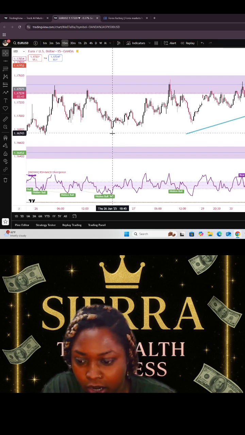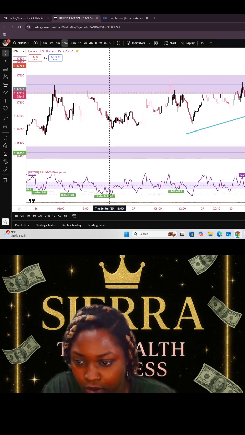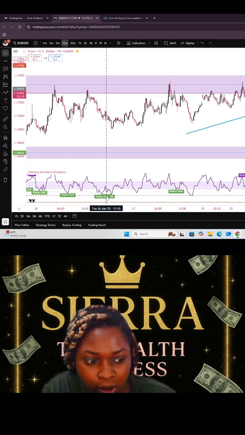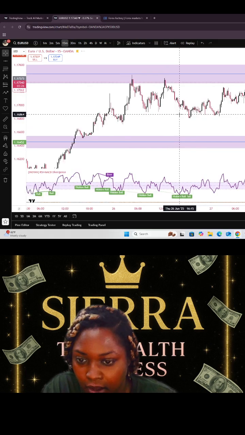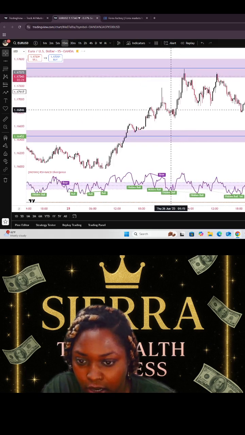Also, if you see down here, it says like hidden bull and then price bought. Those are also another signal. So we got hidden bull and then we got one bottom and another bottom. That was our double bottom, and it was letting us know that price was buying. Looking for divergence now.